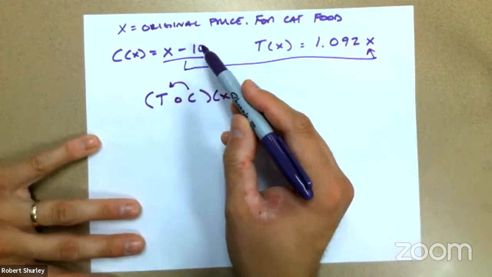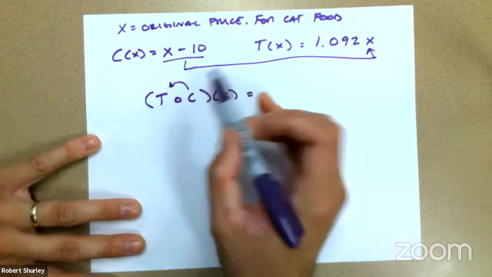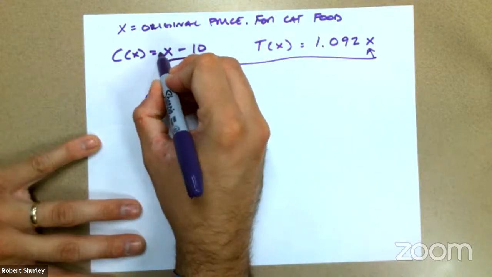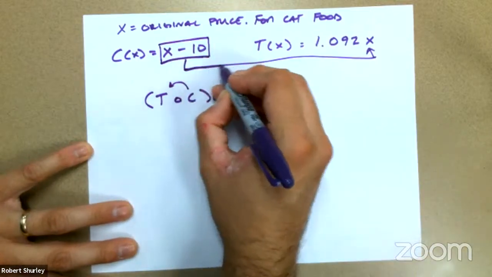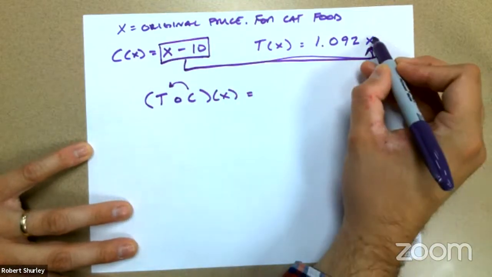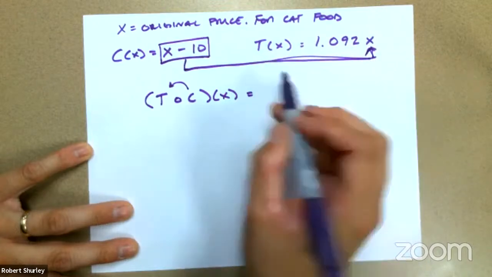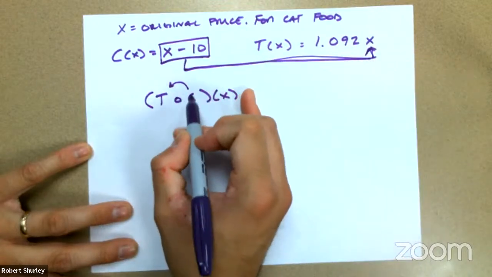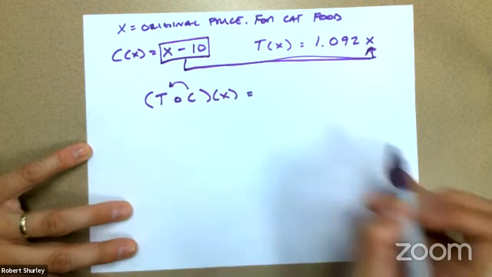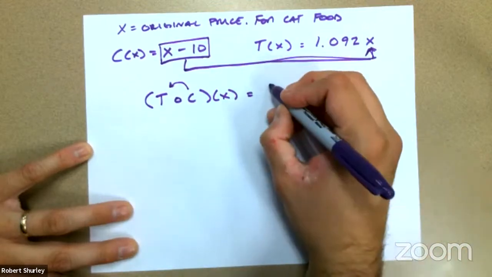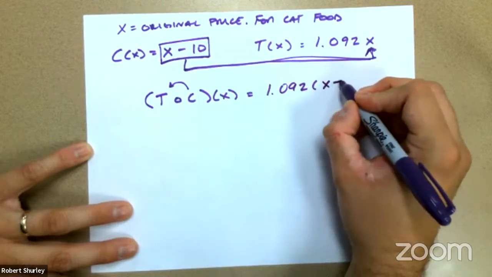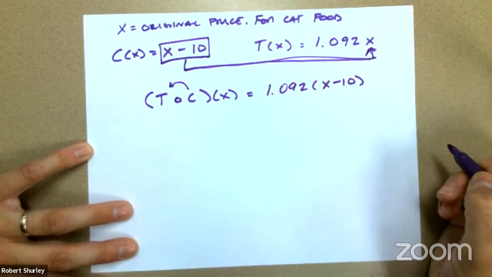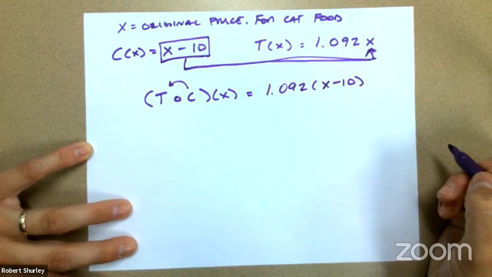To actually do this algebraically, to put C into T, you take whatever C of X is equal to, so that's X minus 10, and then you plug it into the X value for T. So you take the entire function for that second function and plug it into the X value for T. So this winds up being 1.092 times, now our X value is actually X minus 10, okay?